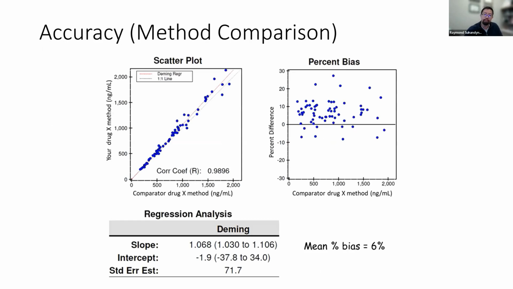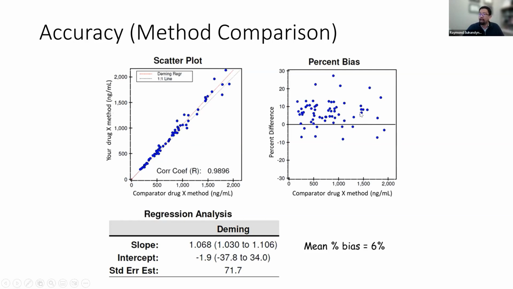And this gives you an idea, just comparing different methods. You have, in this case, on the y-axis your method, and it's measuring drug X, and this is compared to concentrations measured of the same sample by a comparator method. And the idea is you would want a good correlation coefficient to show that the methods are comparable. But it's also really important to understand the bias.